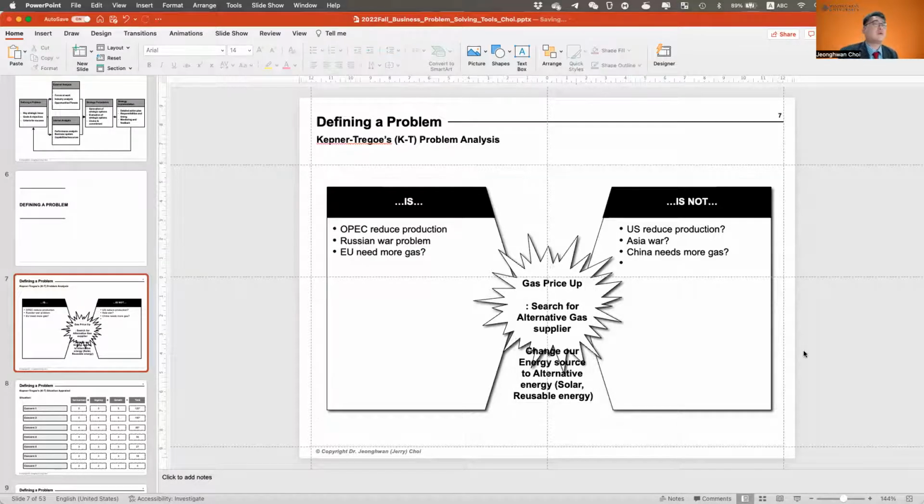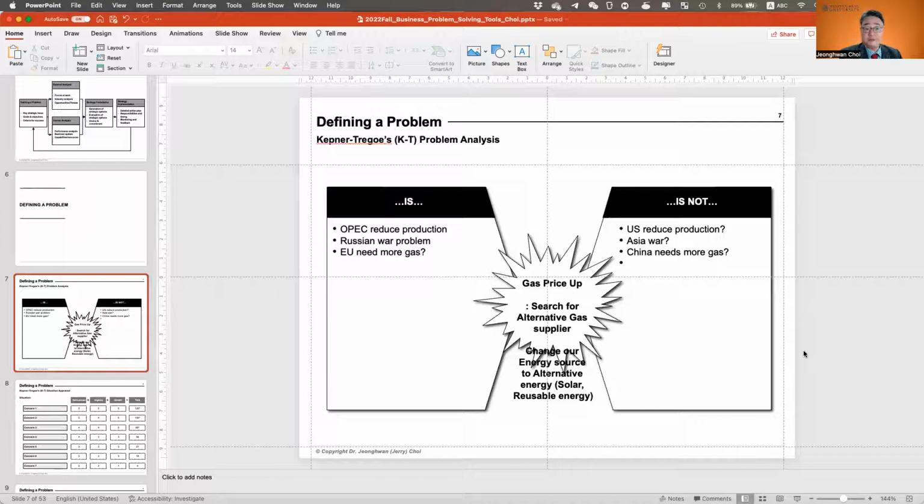Absolutely, this will be our strategy. So I'd better install a number of solar panels. I'd better search for another alternative energy source that can be replaced for gas-dependent supply.